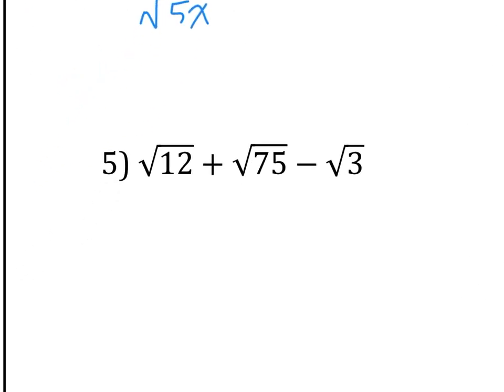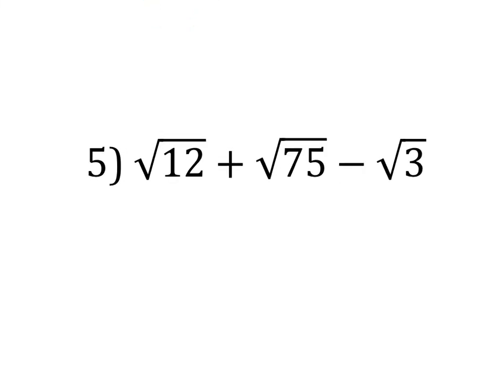Okay, number 5. Can I add and subtract them? If you simplify, because they're actually not in simplified form, so let's try it. What is the simplified version of square root 12? 2 root 3. This is a very common number, so make sure you memorize it. What is the simplified form of square root 75? 5 root 3.